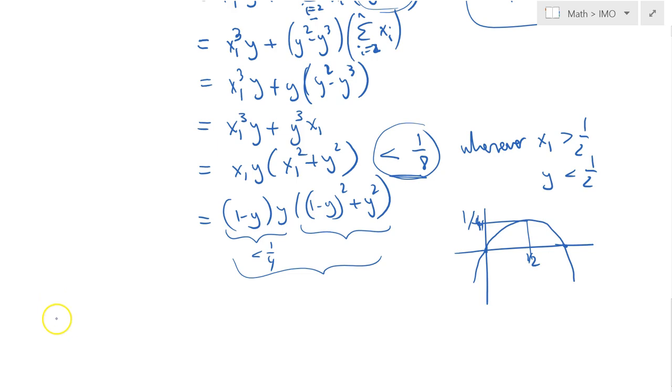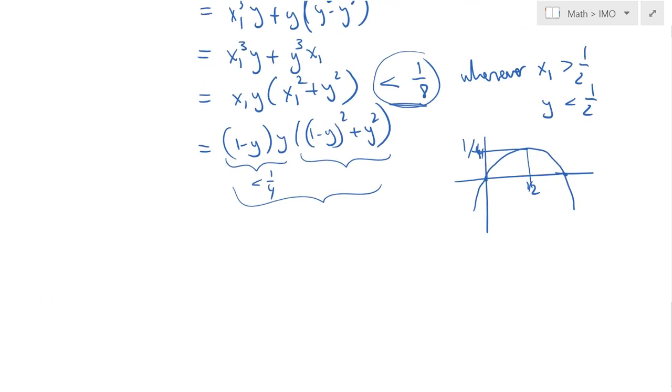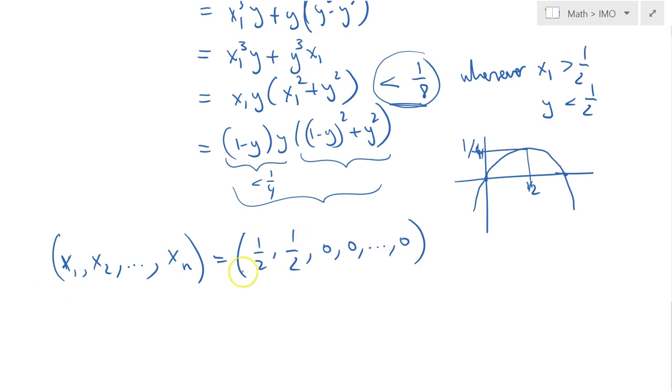So combining case 1 and case 2, we can conclude that for x1, x2, and so on, the maximal value to our problem will be when exactly 2 of them are equal to 1/2, and the rest of them are equal to 0. So this will be the solution that optimizes the function.